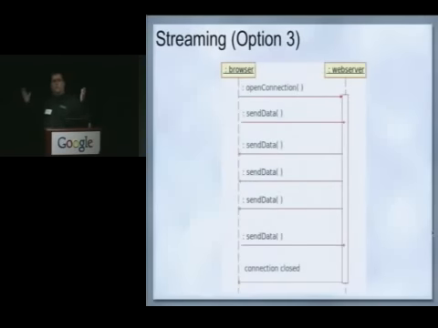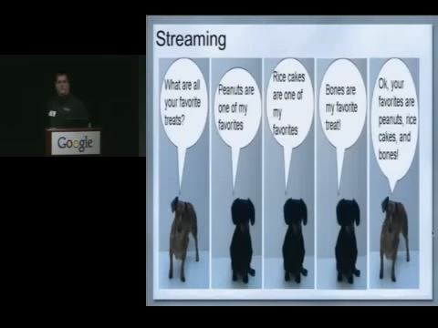So now let's look at the grand thing that we really want, and that's something called streaming. We'd like to be able to open a connection and just push data all over the place. That would be wonderful, especially from the server to the client, and then we can use Ajax to come the other direction. So let's look back at our dogs.